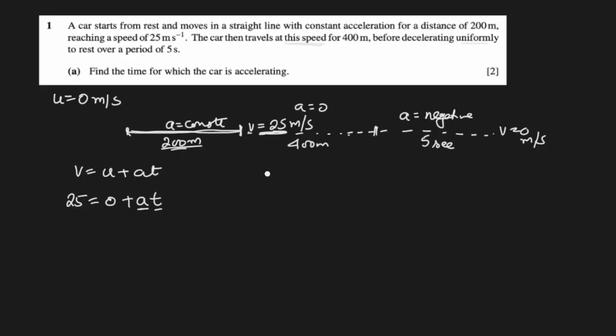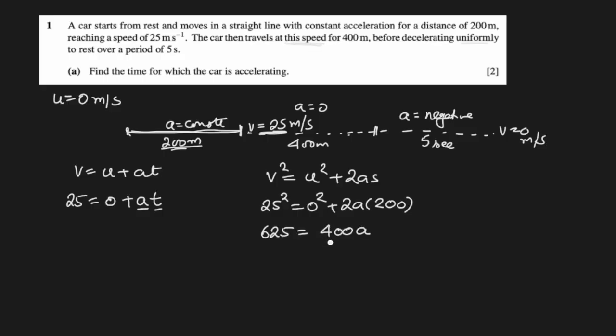For finding acceleration, we can write V squared equal to U squared plus 2AS. So 25 squared equal to 0 squared plus 2 times A, and we know the distance 200 meters. So 625 equal to 400 A. So A will be 625 divided by 400, which comes out to be 1.5625.